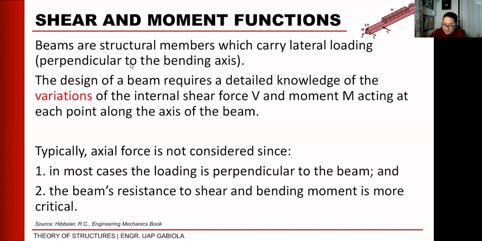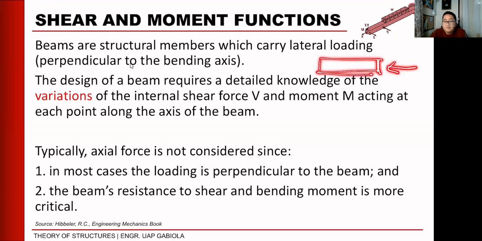So, ibig sabihin, pag naka-perpendicular sa axis niya, wala tayong normal force. Ang normal force kasi dapat, kung ito yung cross-section ng beam natin, dapat yung force natin is towards dun sa cross-section natin. So, doon lang siya magkakameron ng normal force.